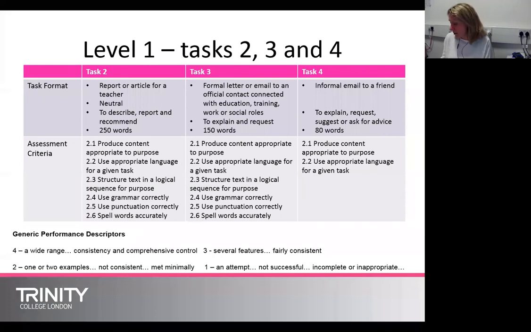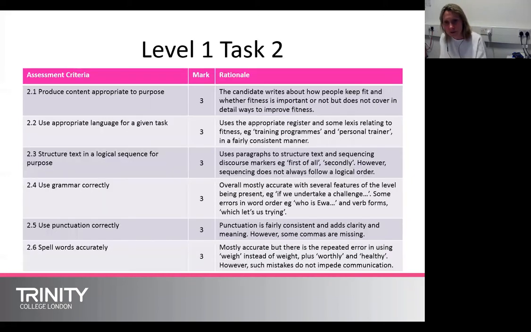There are 6 assessment criteria here, and you will have been asked to read the candidate's response and award your marks. So I'm going to go straight to the Trinity benchmark. And the candidate gets 3 marks for all of the criteria.